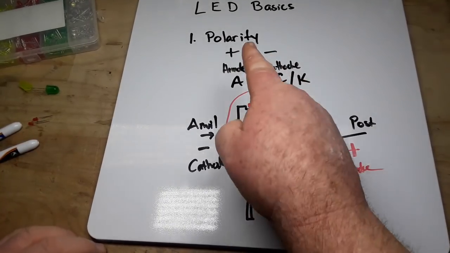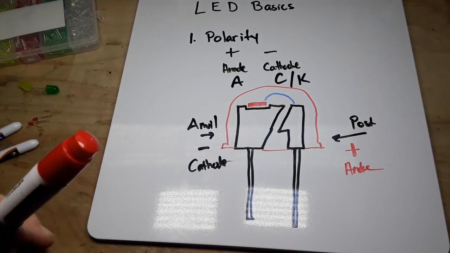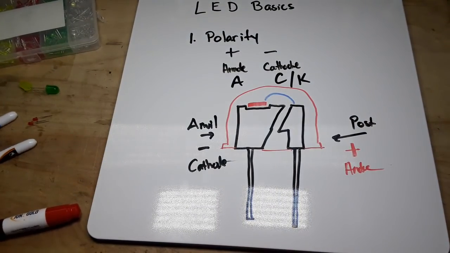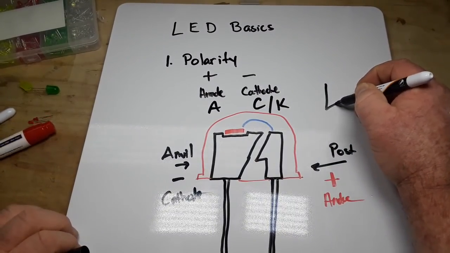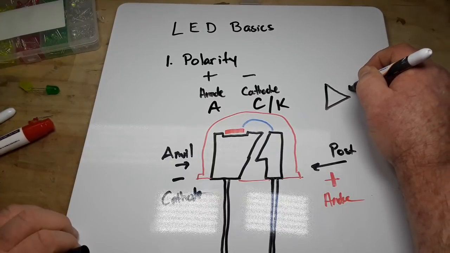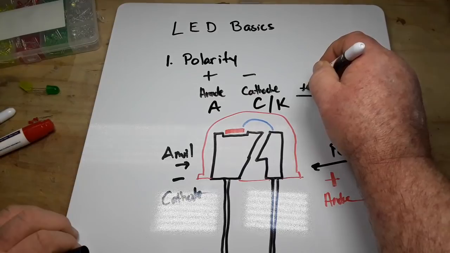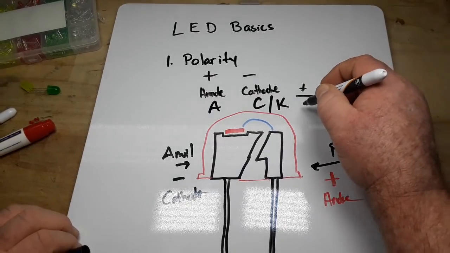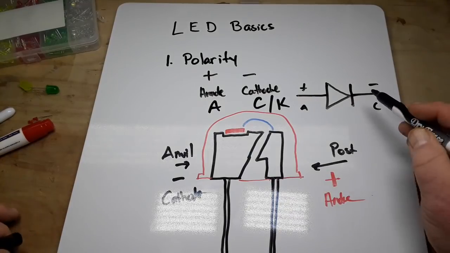So, because this is a diode, LED stands for light emitting diode. A diode is an electrical one-way valve. And one of the ways you can tell that is by its symbol, which is the triangle with a line. This being the positive side, this being the negative side. The anode and the cathode.